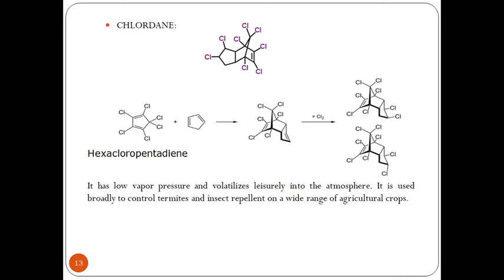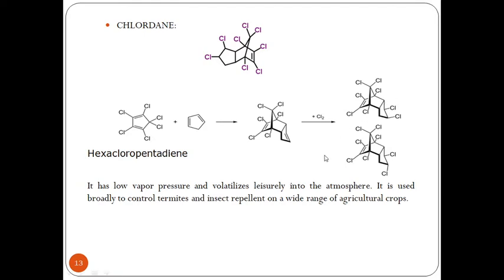Once the chlordane intermediate has been synthesized, we observe that initially in the intermediate step there are 1, 2, 3, 4, 5, 6 chlorines which were introduced. But under UV again there is a passage of chlorine, so that we will get 8 atoms of chlorine, finally giving me a chlordane system.